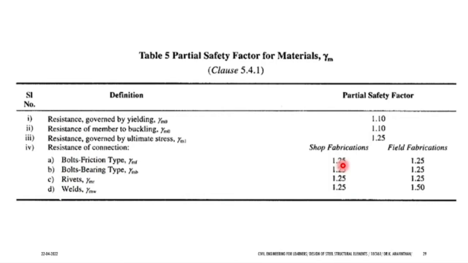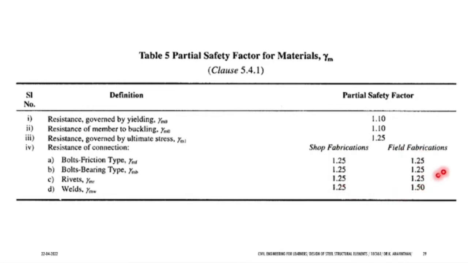You can fabricate your bolt either in the shop or at the site. So you can do both. Whatever you are doing, you have to take the safety factor as 1.25. If you are doing rivet connection, take the safety factor as 1.25. And for weld, for shop fabrication it is 1.25 and for field fabrication 1.5.